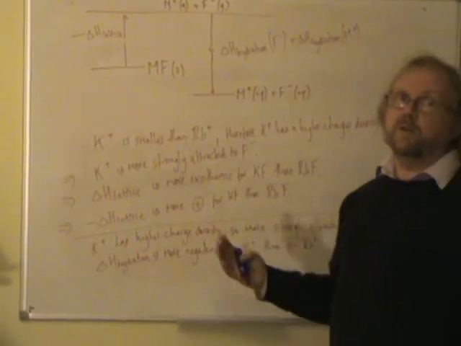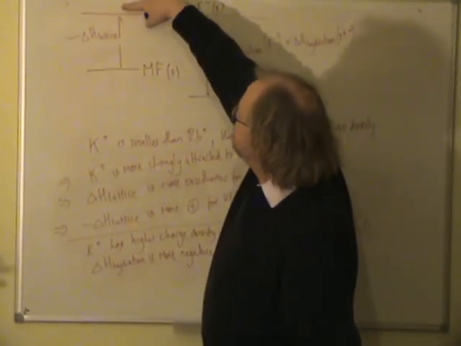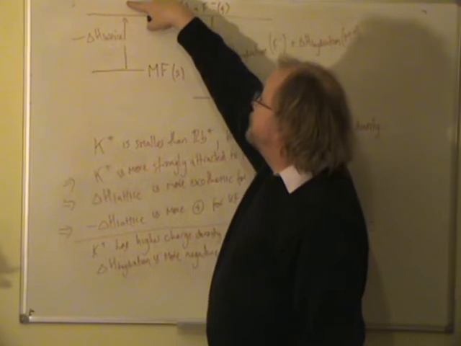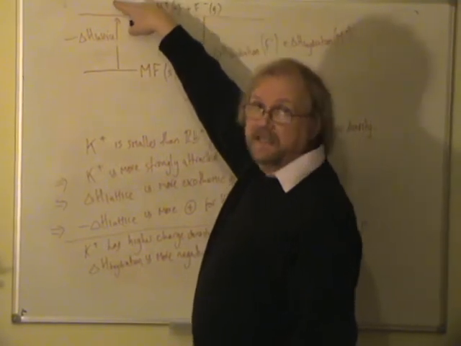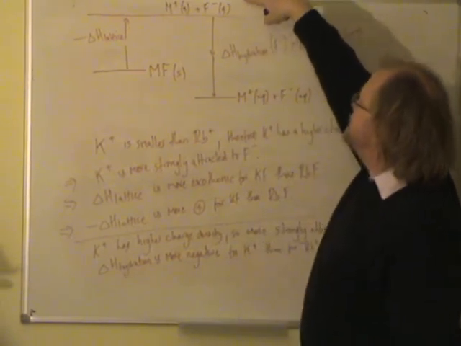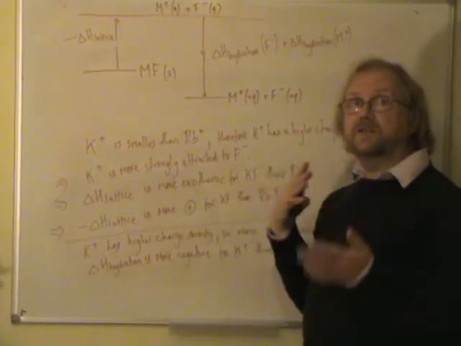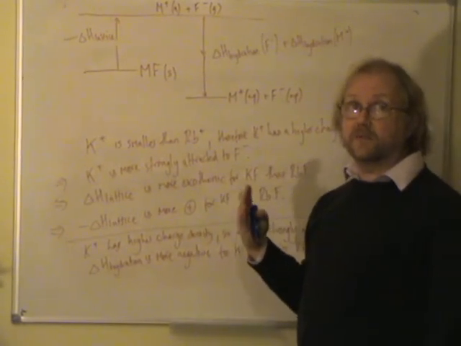So now you have a problem, because the first term is more positive for the potassium ion than for the rubidium ion, but the second term is more negative for the potassium ion than for the rubidium ion. So the question is, which one of those two things wins?